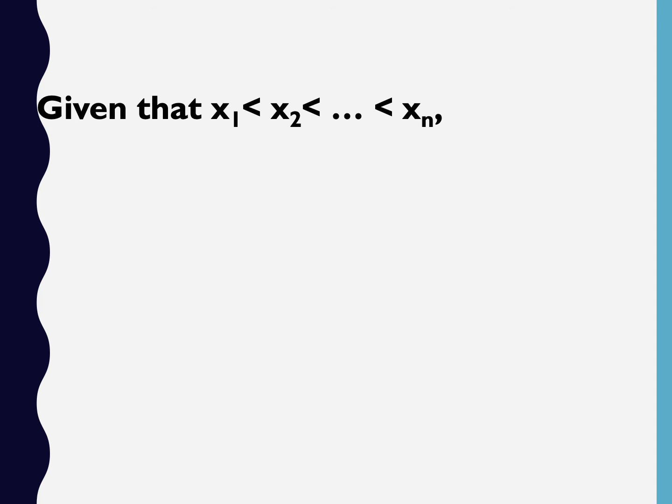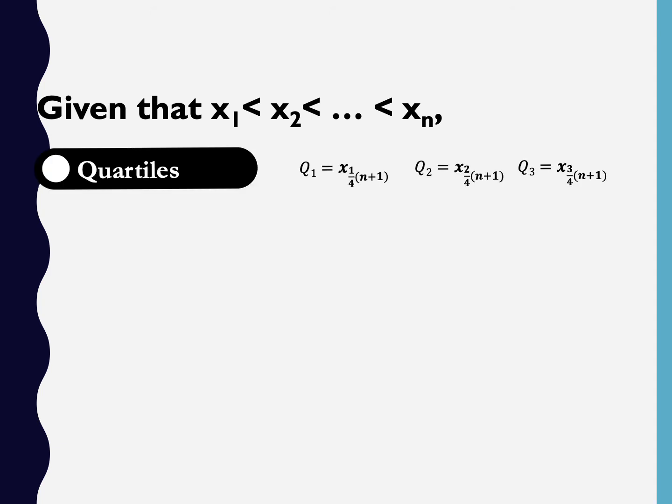So given that you have a data set, to get the quartiles, the formulas for the positions of the 3 quartiles, Q1, Q2, and Q3, are the following. Notice that the formula just varies with the numerator of the subscript. It can be 1, 2, or 3, depending on which quartile you're going to locate.